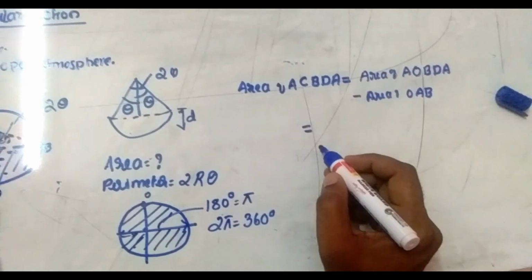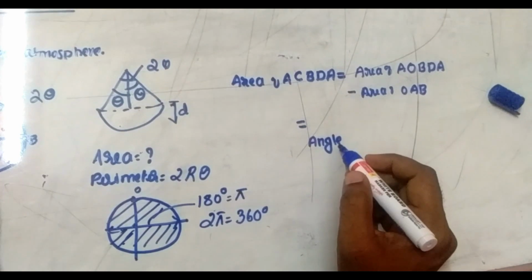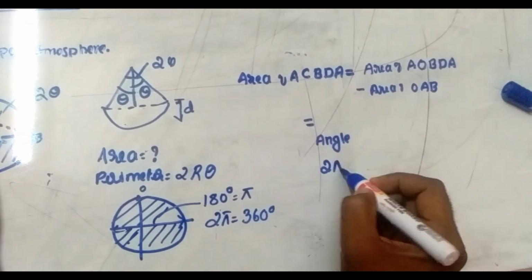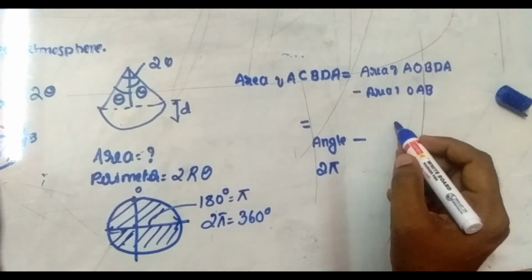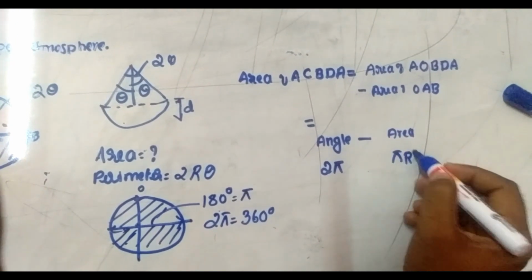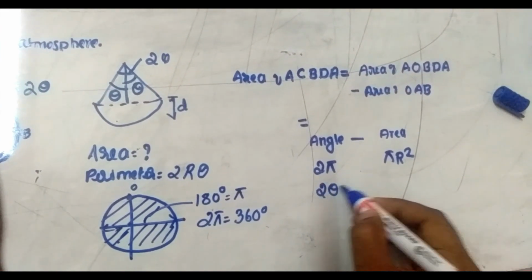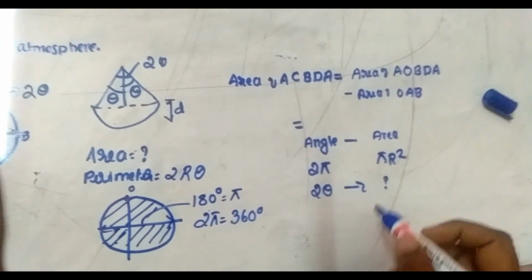The angle of the whole circle is 2π, so the area is πr² for the whole circle, and this angle is 2θ. What is the area of this one?